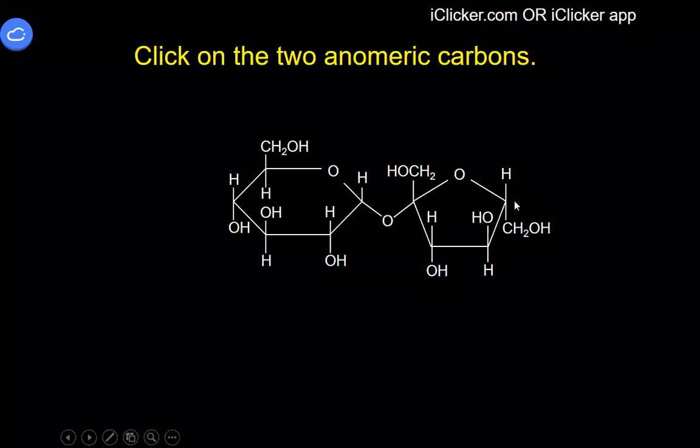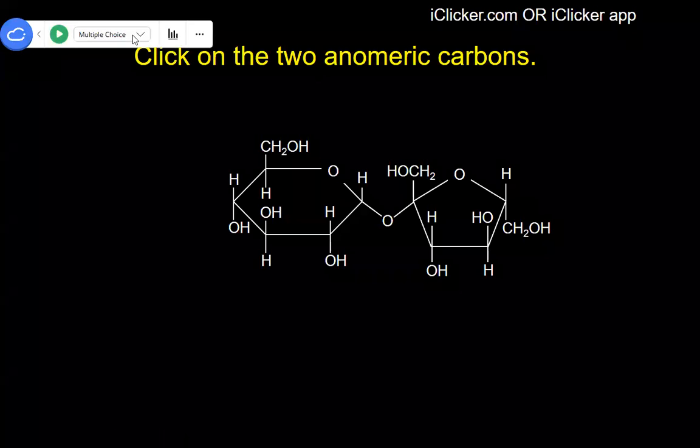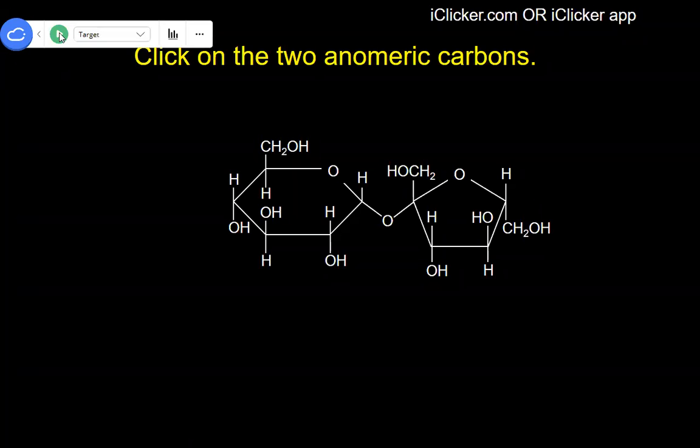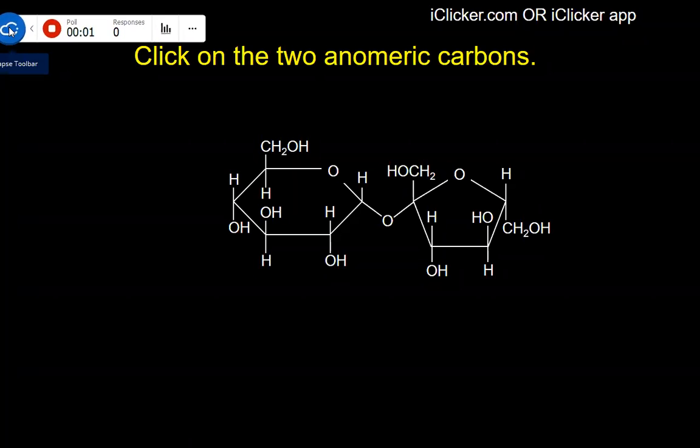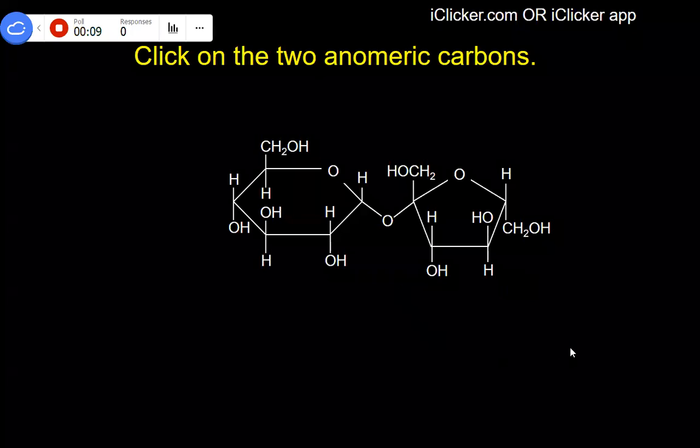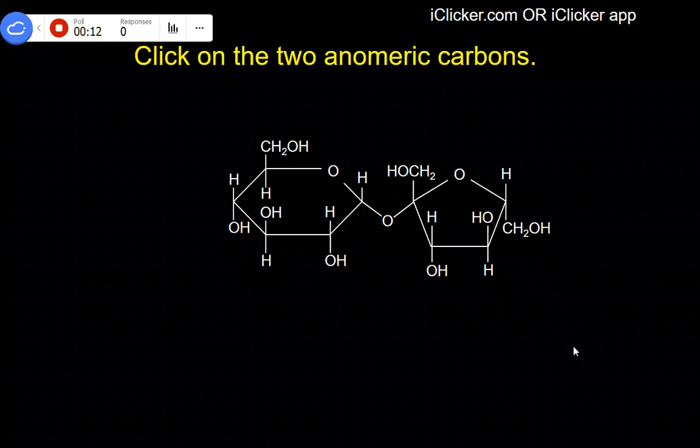So now we'll see if you were listening or if I was making sense or one or both of the two. This will be a target question. Each of these parts has an anomeric carbon. Click on the two anomeric carbons.